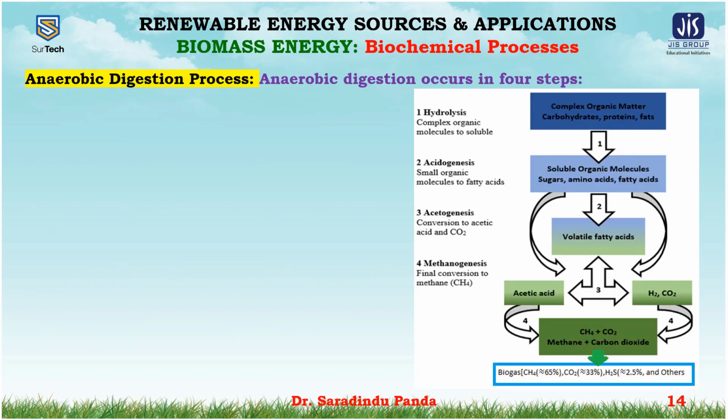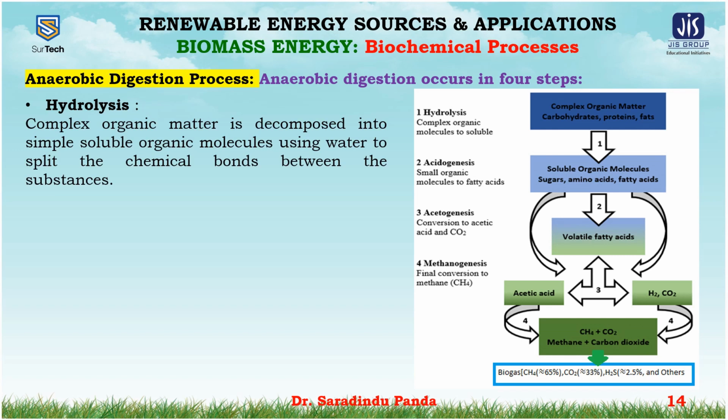Now the anaerobic digestion occurs in 4 steps. The steps are hydrolysis, acidogenesis, acetogenesis, and methanogenesis. In the hydrolysis, the complex organic matter is decomposed into simple soluble organic molecules using water to split the chemical bonds between the substances.